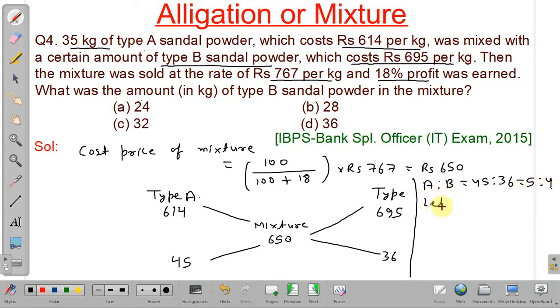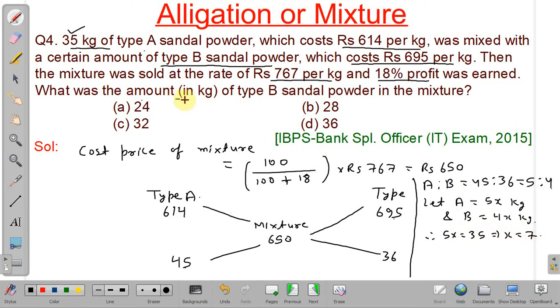So let A equal 5x kg and type B 4x kg. Now the quantity of type A is given as 35 kg. Therefore 5x equals 35. It means x equals 7.